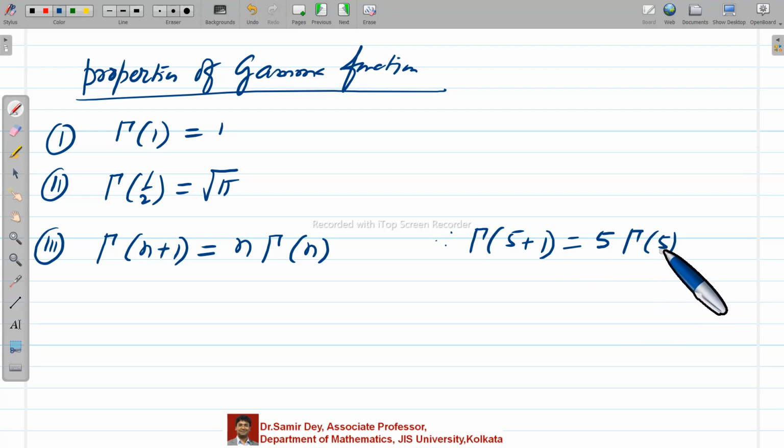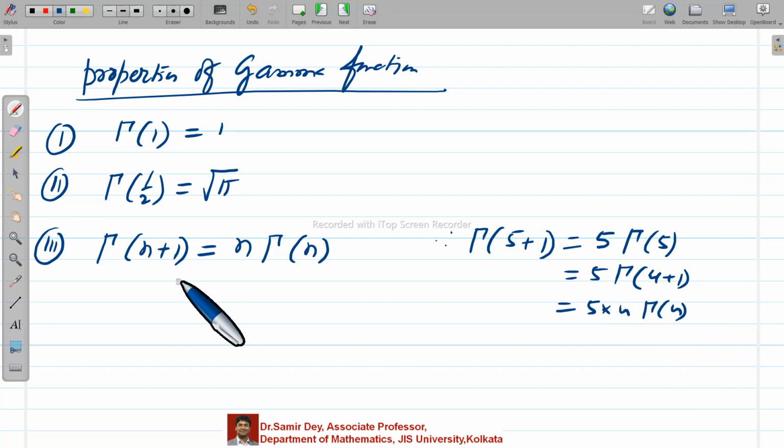For example, this 5 can be written as 5 gamma 4 plus 1, so in the same way 5 into 4 gamma 4, and it will continue. So it is clear, if any value can be expressed in 1 plus another type, above 1, then you can apply this.